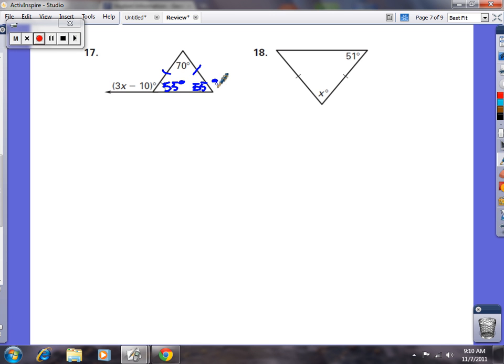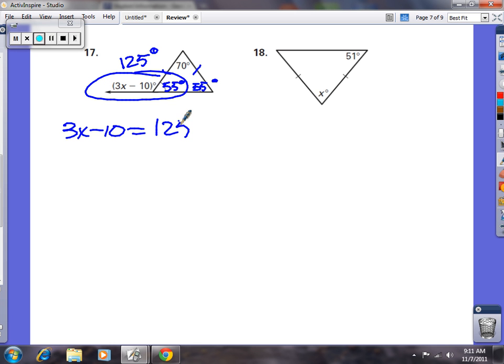Now, Devin, what do you know about these two angles? They add to equal 180. So if I've got 55 already I'm using, how much is left over to use? How much? So Christian, this angle right here is 125 degrees. That means 3x minus 10 is equal to 125 degrees. That is an awesome problem.